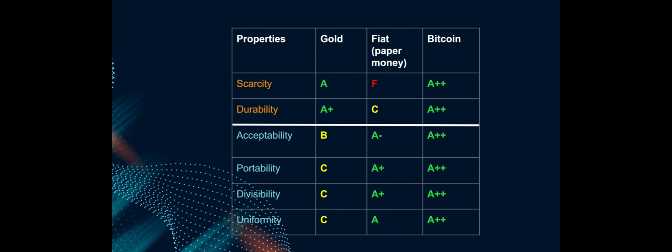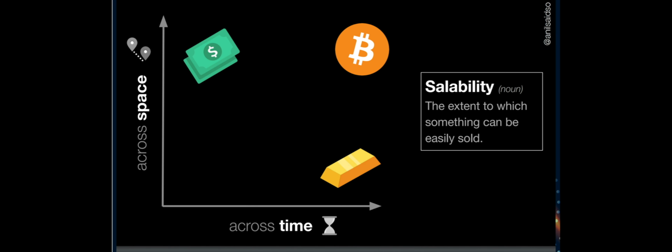Bitcoin is the best money in human history and succeeds as money in every imaginable domain. Once again, it is the perfect store of value, medium of exchange, and unit of account over time and over space.